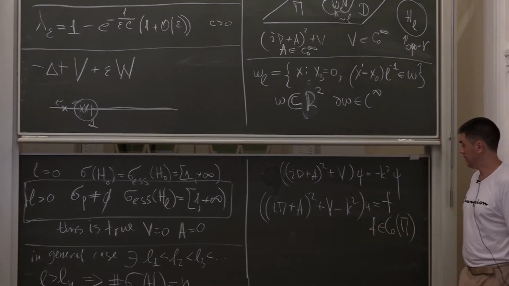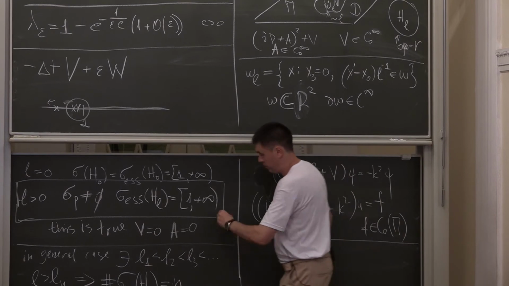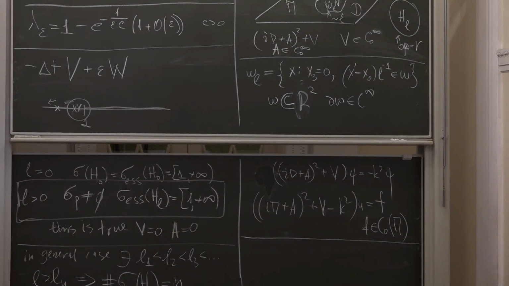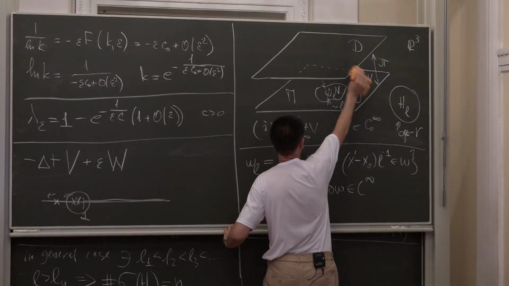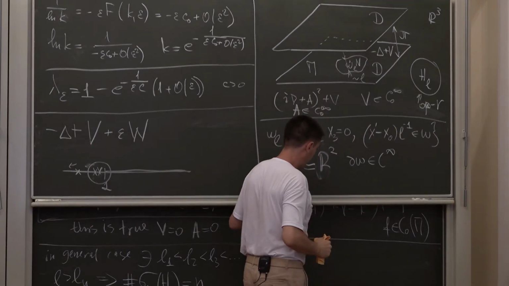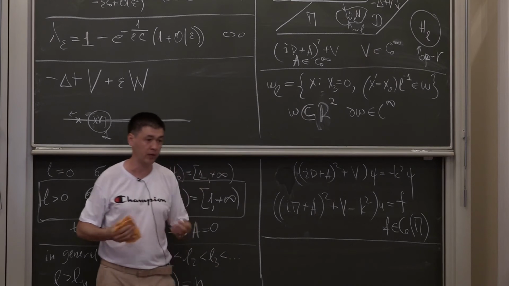And then we ask what can we say about the solution to this problem, how it behaves. Of course, in the case when we don't have any window here, so just one plane and the second plane and no window, this equation can be solved by separation of variables.